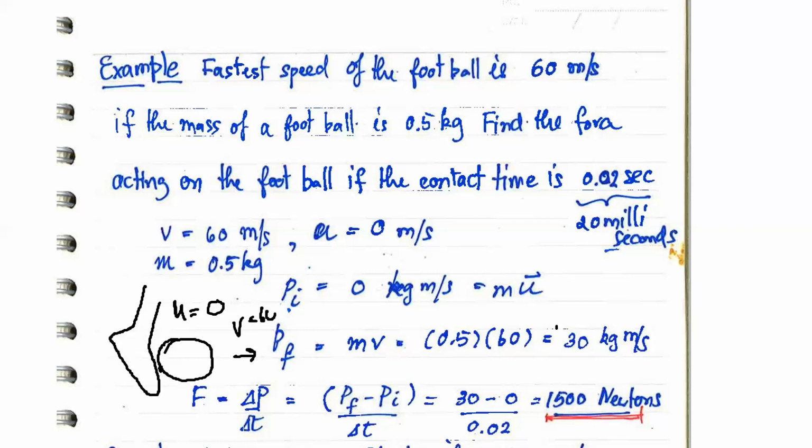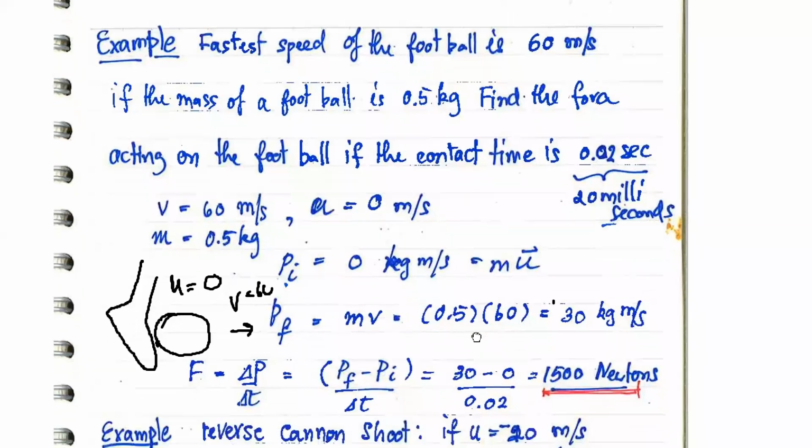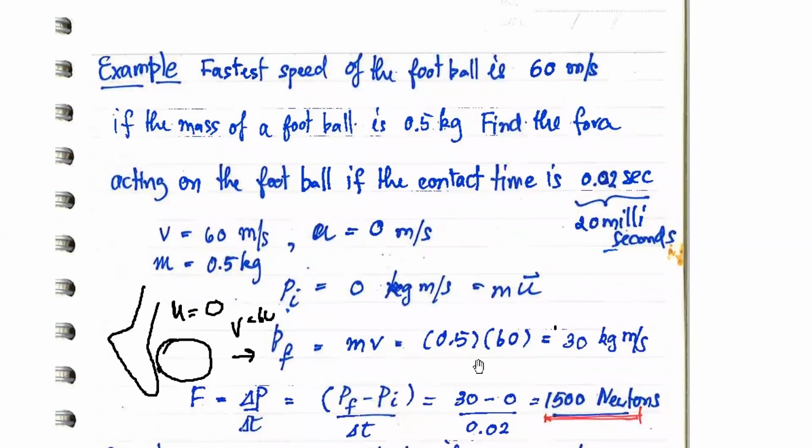And you have Pf minus Pi over delta T, and it is 30 minus 0 over 0.02. And that means that he has to kick it with 1,500 newtons of force. Okay.